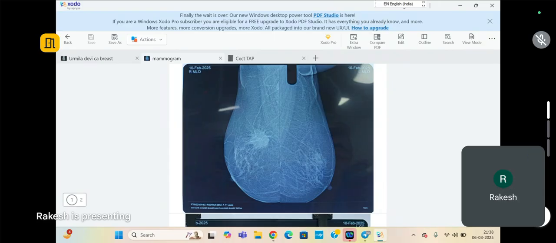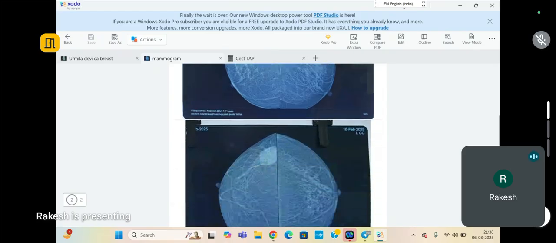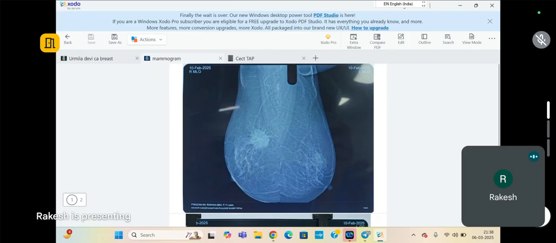The breast architecture is normal bilaterally, skin thickening is normal, and the nipple profile is visible well. ACR grade is A, and there is a highly dense lesion with spiculation seen in the right upper outer quadrant.